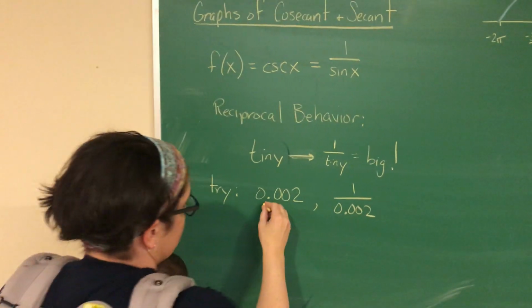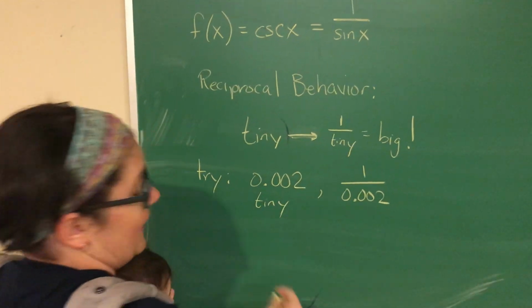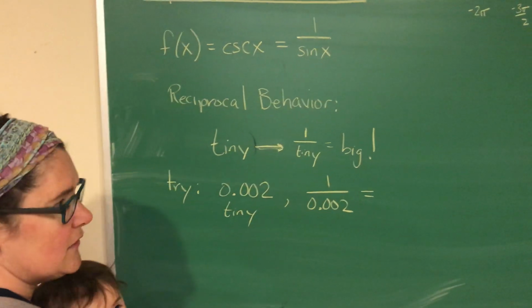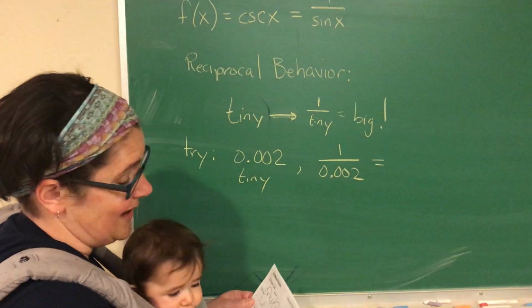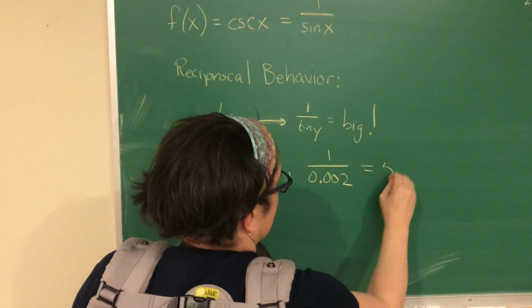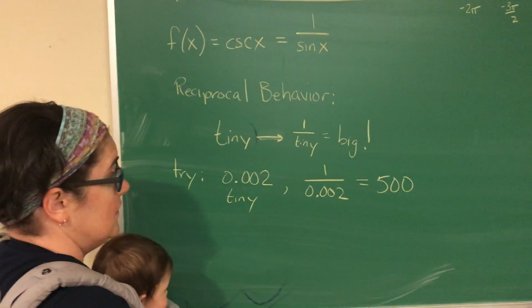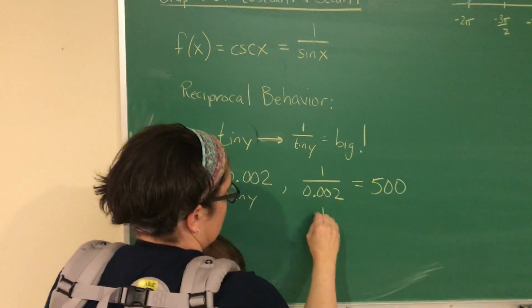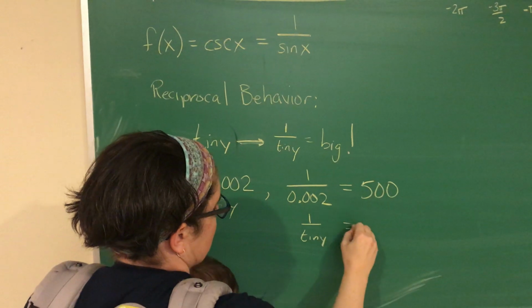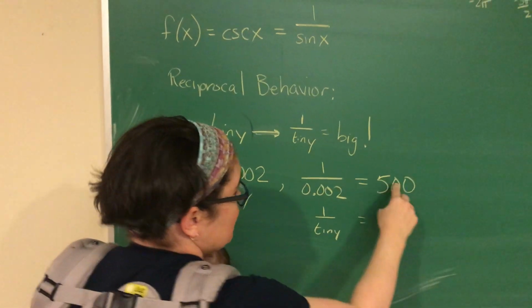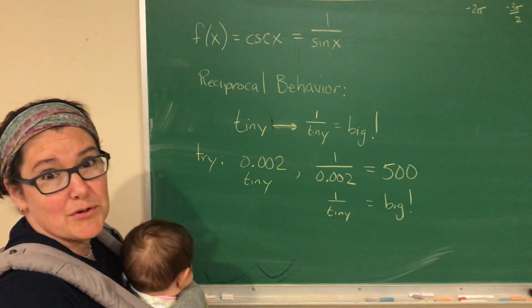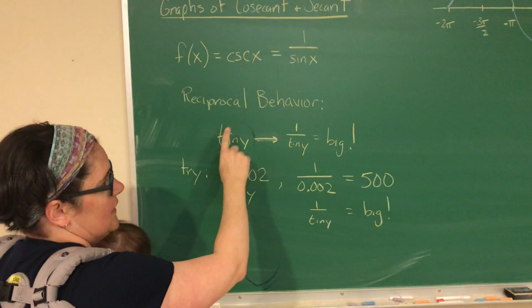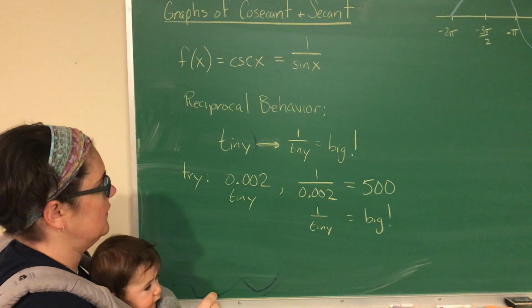And so 0.002 is definitely a pretty tiny number. 1 divided by 0.002, if you type that into your calculator, I did this ahead of time, I got 500. So if you have a tiny number, the reciprocal, or 1 over that tiny number, gives you something pretty big. 500 is a pretty big number. Okay. So when you have a tiny number, its reciprocal is big.